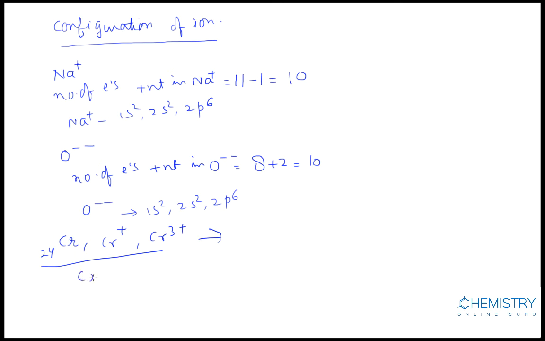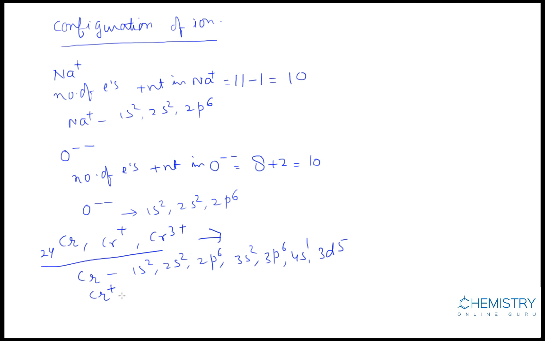In the case of chromium, 1s2, 2s2, 2p6, 3s2, 3p6, 4s1, 3d5. This is the correct configuration of chromium. In Cr+, 23 electrons are present.